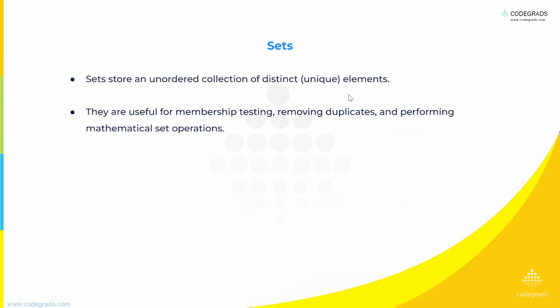So whenever we have to remove duplicates, we can use a set, and they are useful for membership testing, removing duplicates, and performing mathematical set operations. We can summarize the set as a collection of unique items, no duplicates, and useful for membership tests.